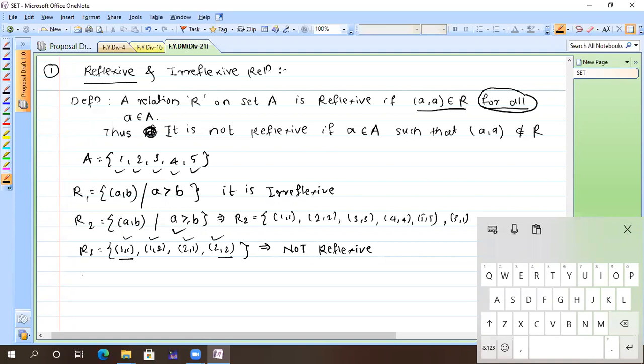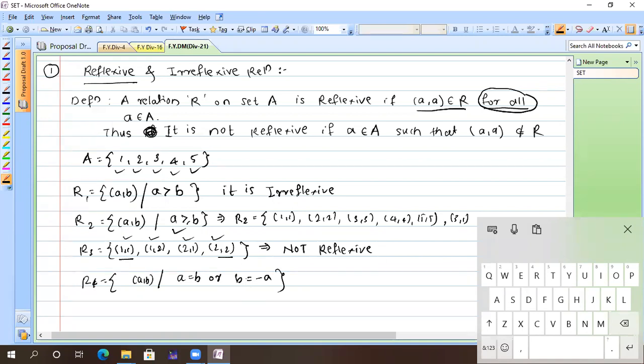Okay, suppose I have R4 on set A = {1, 2, 3, 4, 5}, which contains (a, b) such that a = b or b = -3. Whether it is reflexive or not? Tell me. Sir, it is not reflexive.